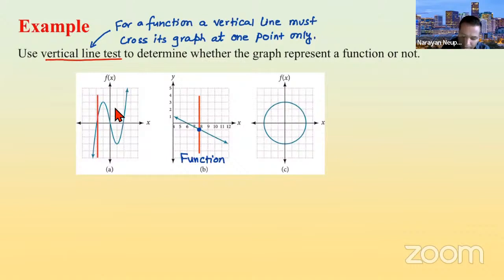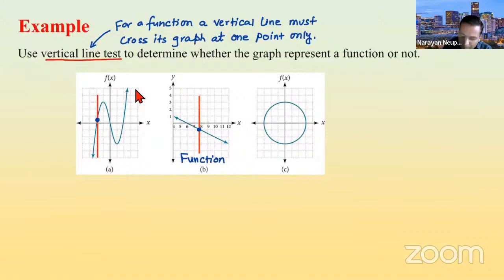You'll see that the vertical line will cross the graph at only one point. Wherever you draw it, it crosses at only one point. So if it crosses the graph at only one point, then we can say that the graph represents a function.